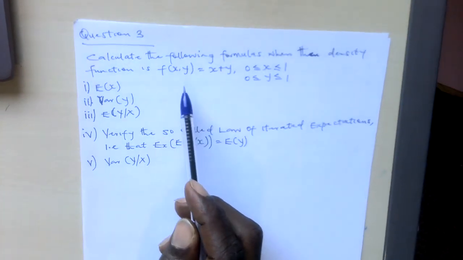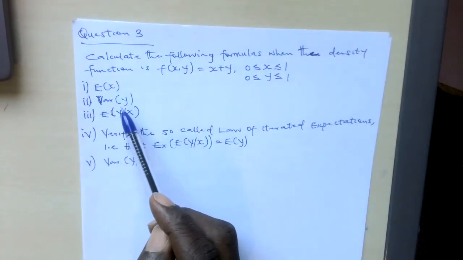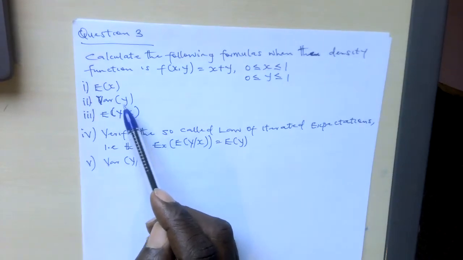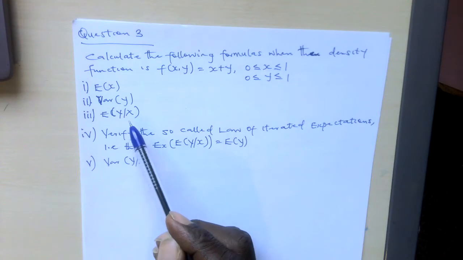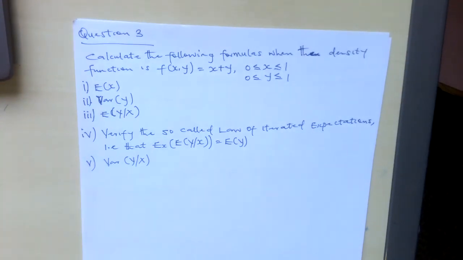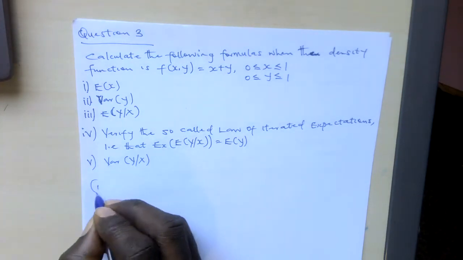So we need the PDF of x alone to be able to do this. Then we need the PDF of y alone, then the PDF of y given x. So you need to always know that, right? You need to extract out the PDF for these in order to go further. So now let's start from the first one.